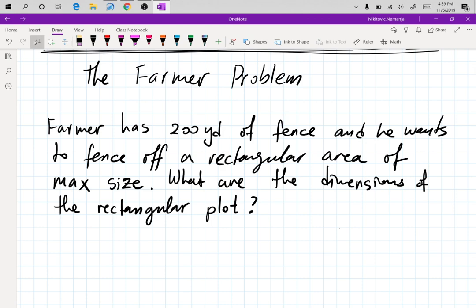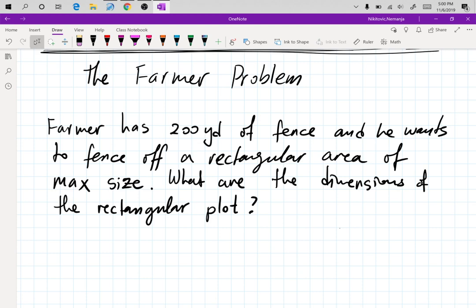So farmer has land. And what is happening? He wants to put a fence around a rectangular plot, or to put something in there, whether it's animals or whatever.